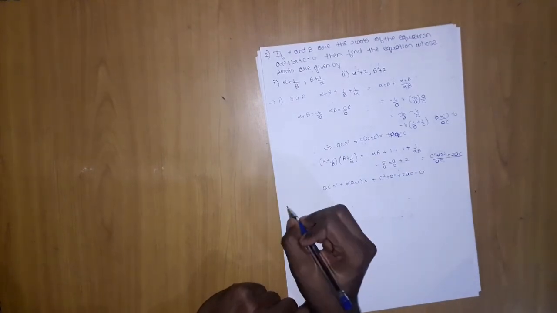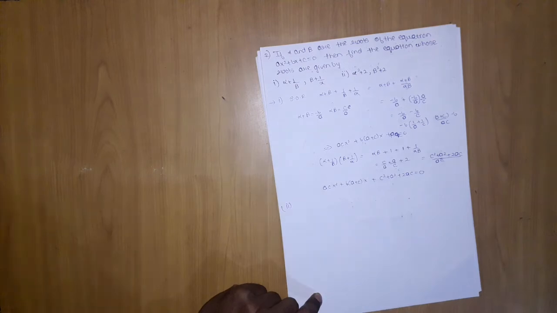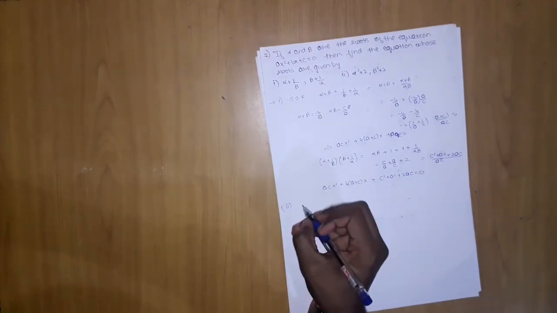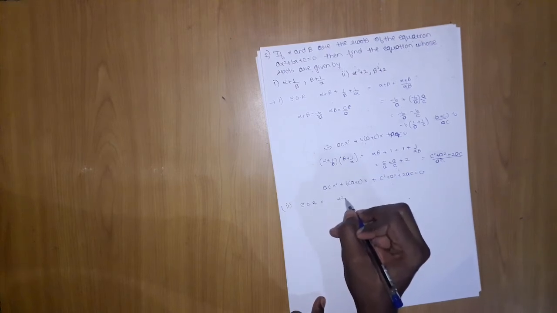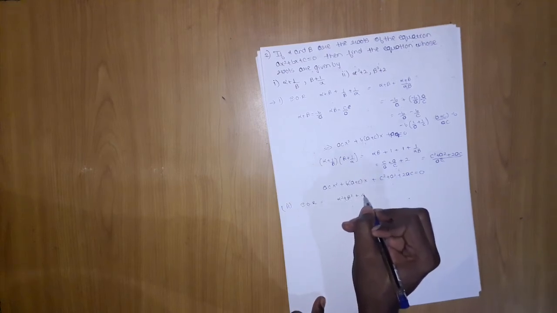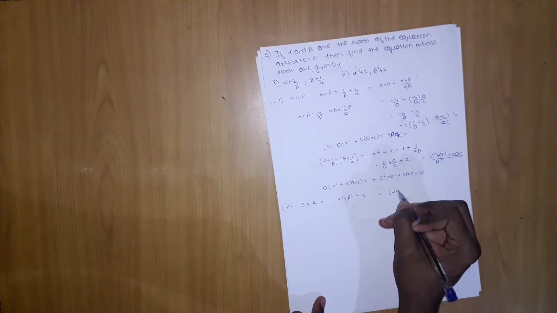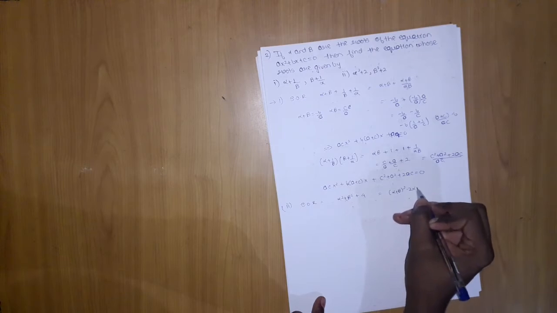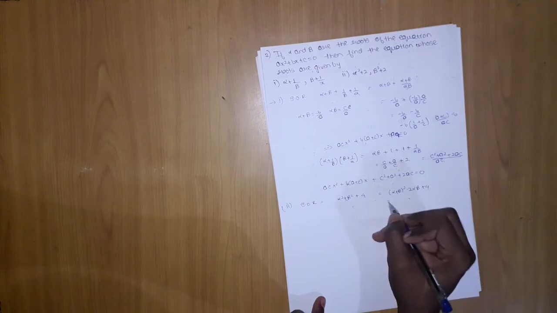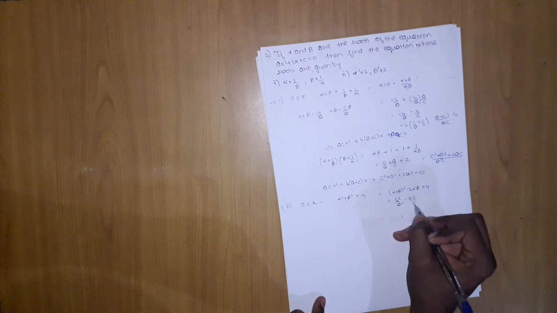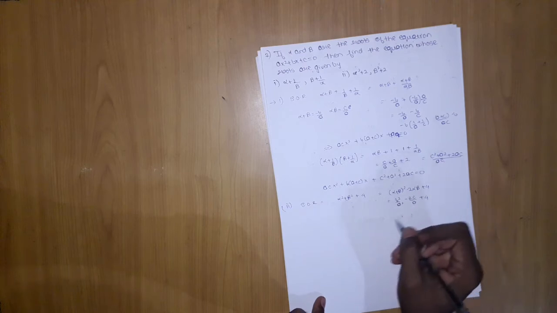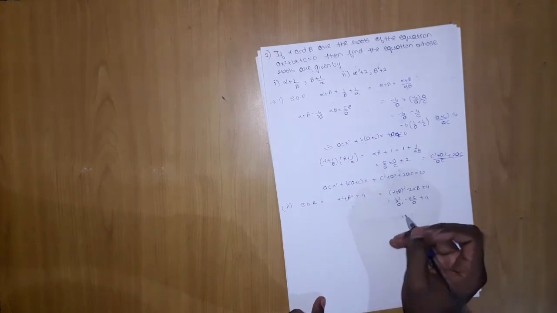Okay, let's see the second. We will find its sum of roots, which will be alpha square plus beta square plus 4. We can write alpha square plus beta square as alpha plus beta the whole square minus 2 alpha into beta, plus 4, which will give us b square upon a square minus 2c by a plus 4. You can simplify it.